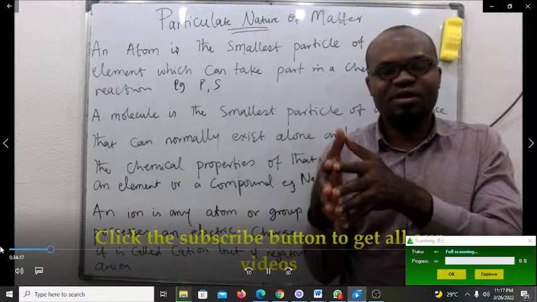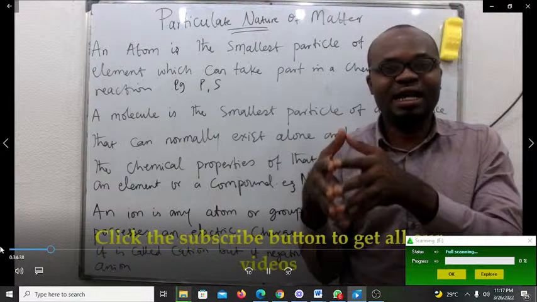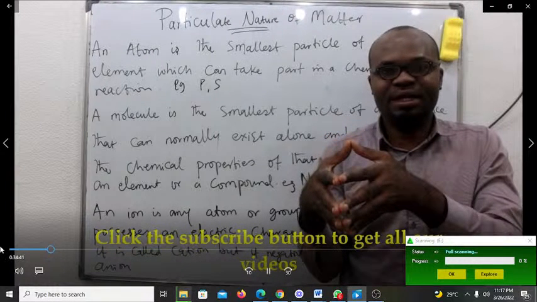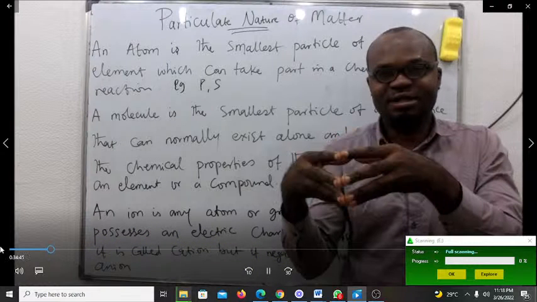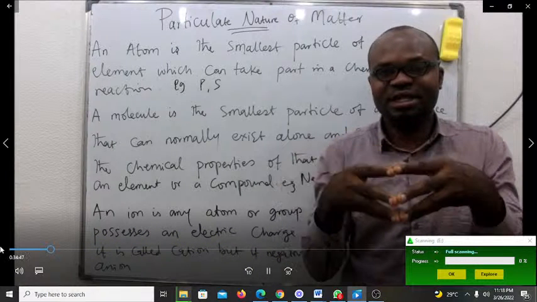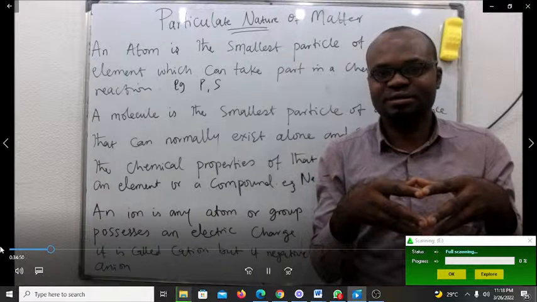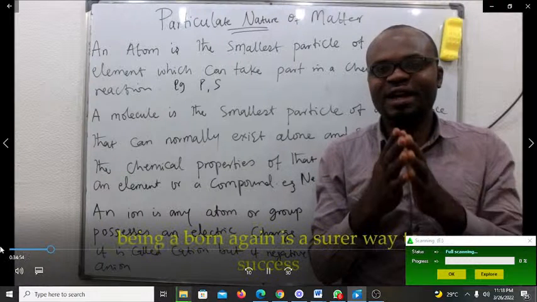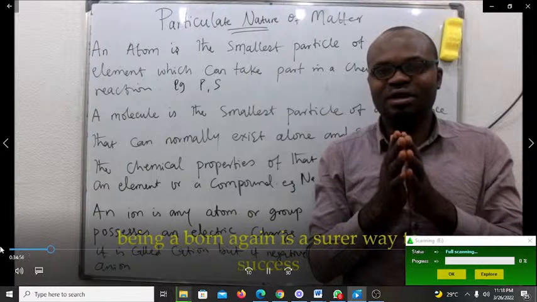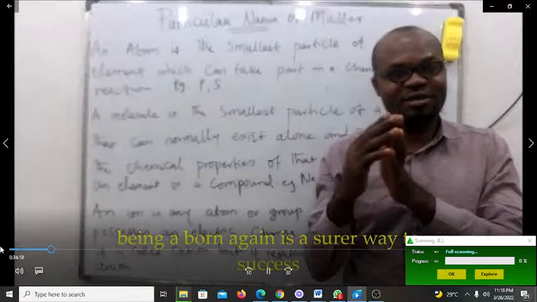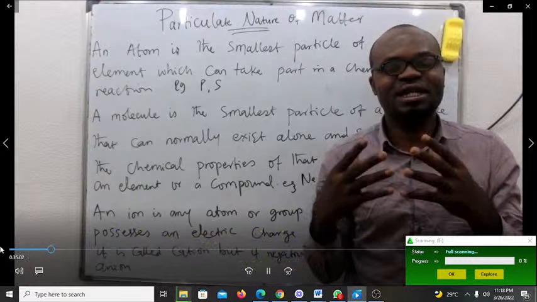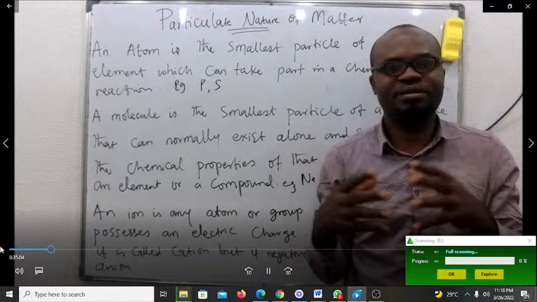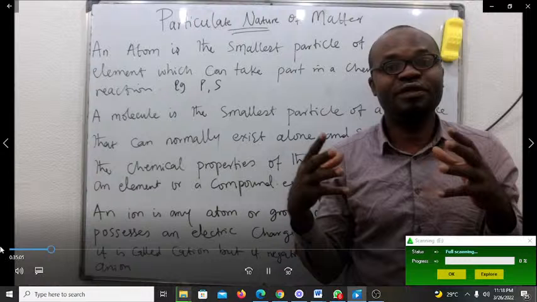An atom is the smallest particle of an element that can take part in a chemical reaction. You can have an atom of elements like phosphorus, an atom of sodium, an atom of calcium.